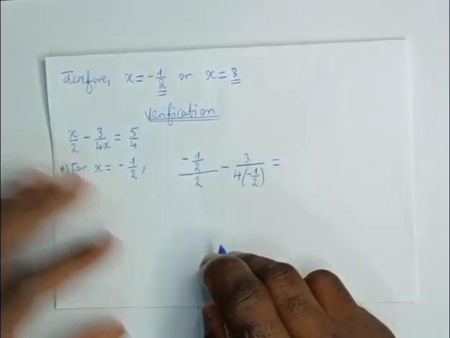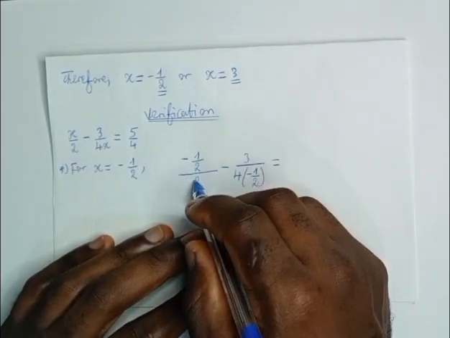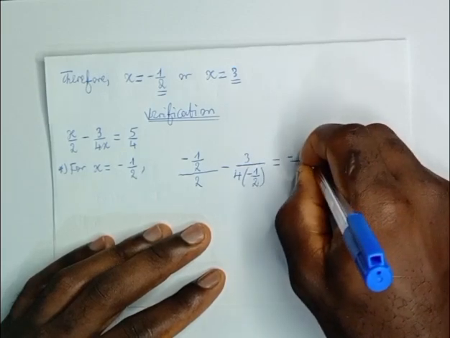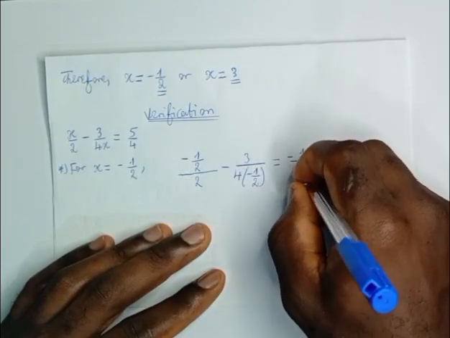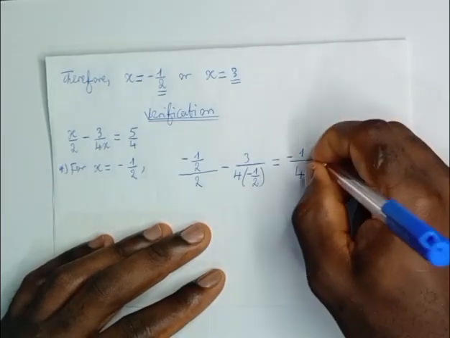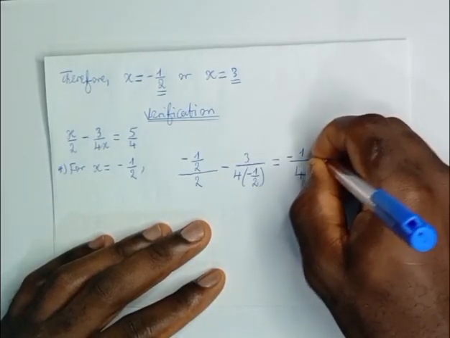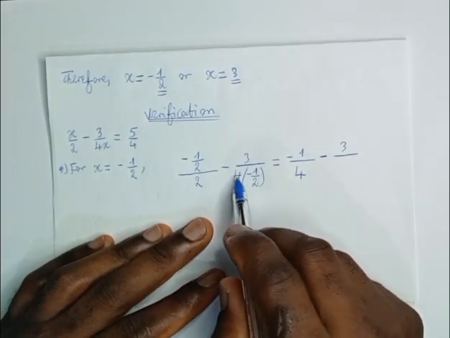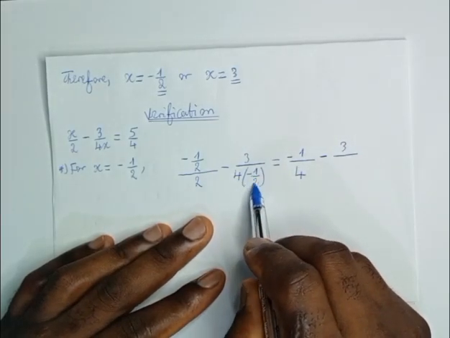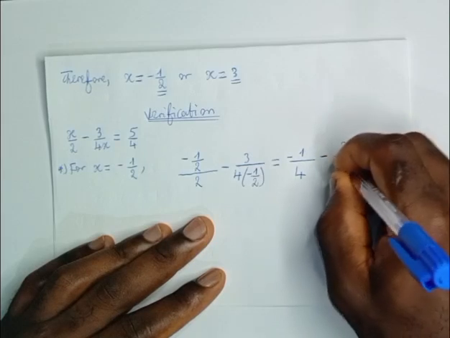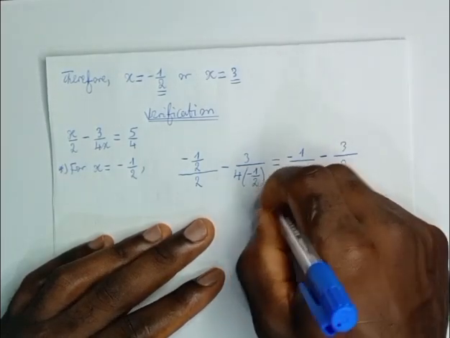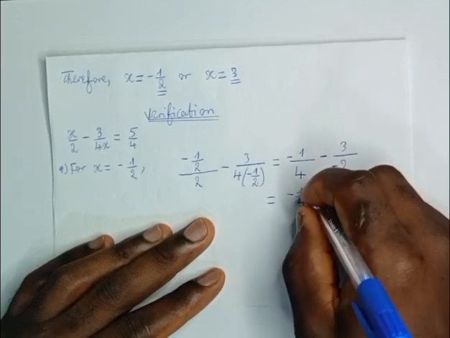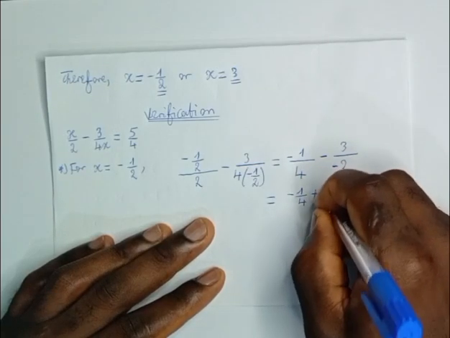This will be equal to negative a half divided by 2. We are going to send down 2. This will give us negative 1 over 2 times 2, gives us 4, minus 3 all over 4 times negative a half gives us negative 2. This will simply be equal to negative 1 quarter. Negative negative becomes positive, plus 3 on 2.